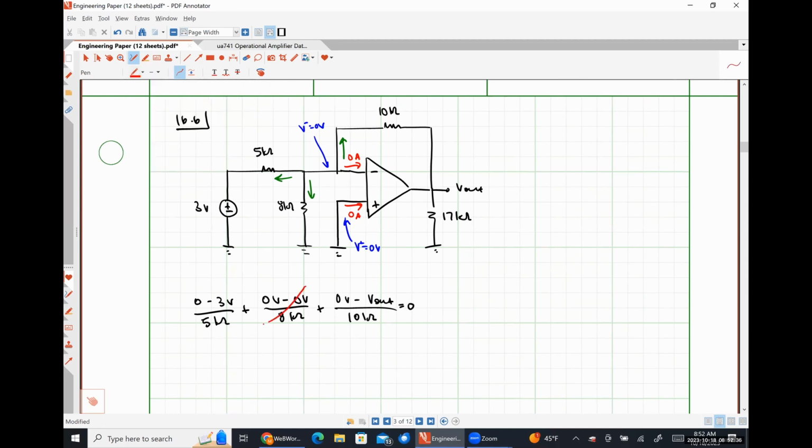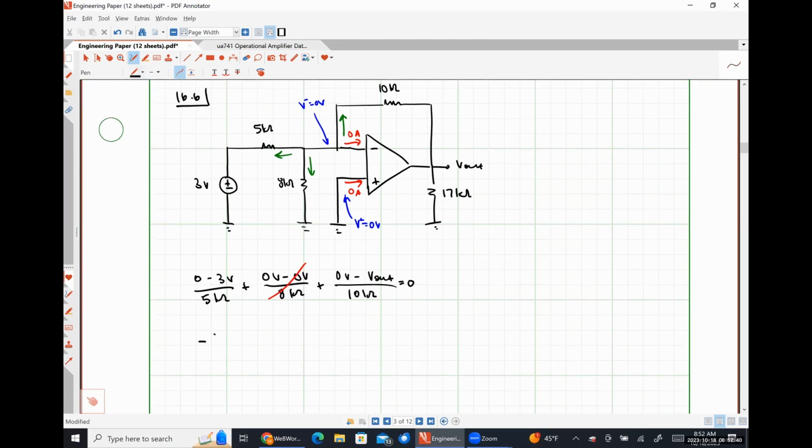Just for the sake of argument, we can throw that away. And so we have negative 3 volts over 5 kiloohms is equal to V out over 10 kiloohms. V out is equal to negative 3 volts times 10K over 5K is equal to negative 6 volts. Or throw it in your numerical sum.